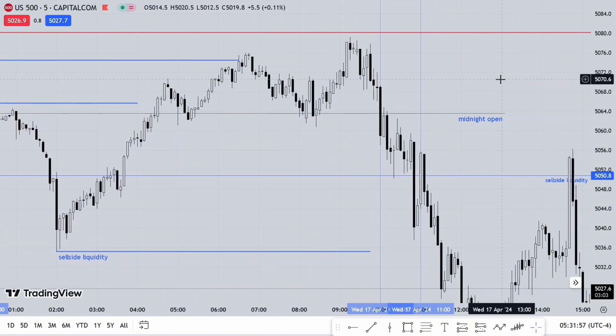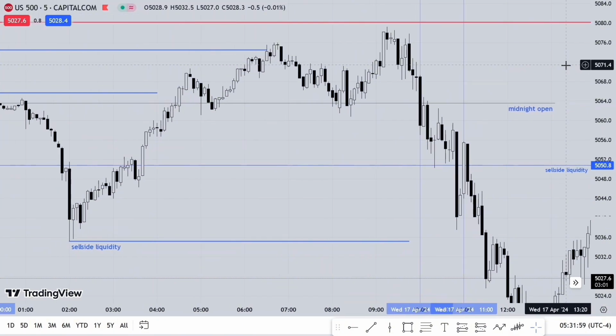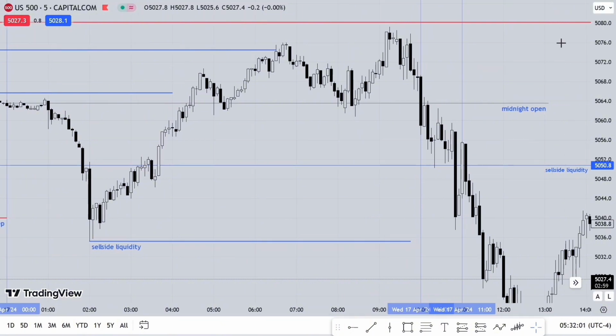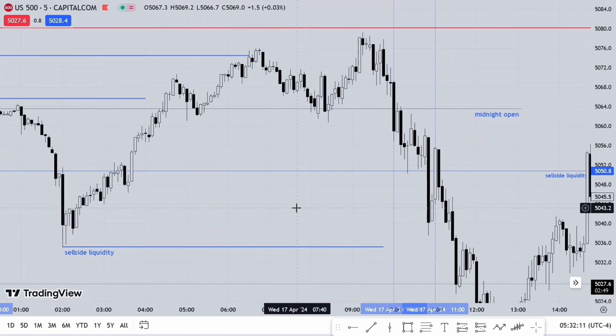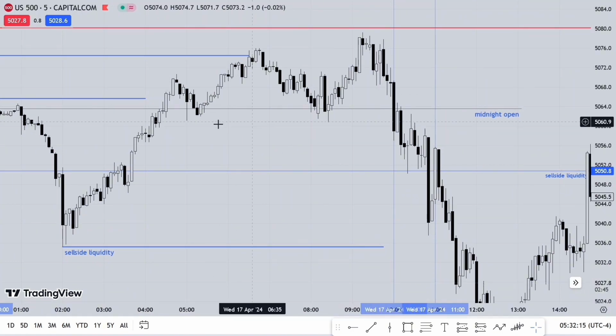Going into the trade review for yesterday's trading. Because we're expecting lower prices below the sell side liquidity, and we have this sell side liquidity here, which was the relative equal lows here.